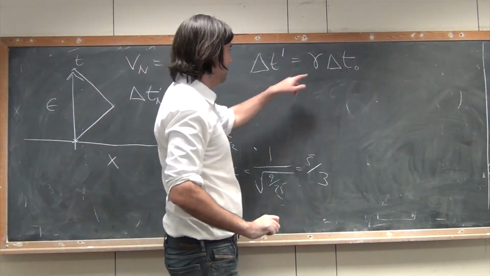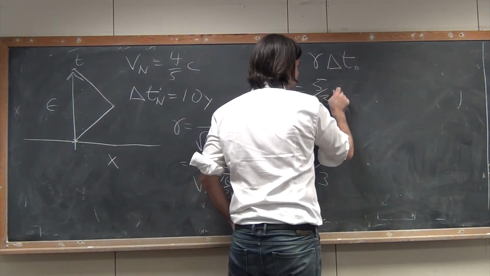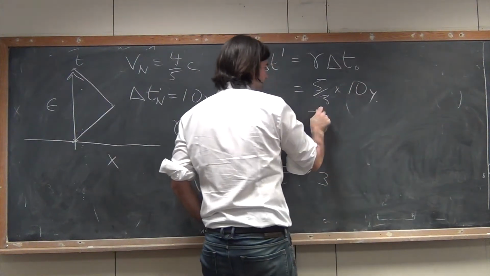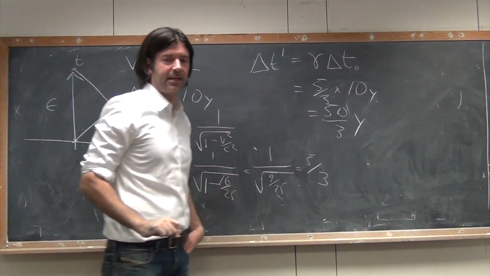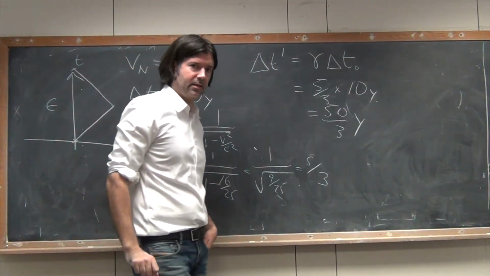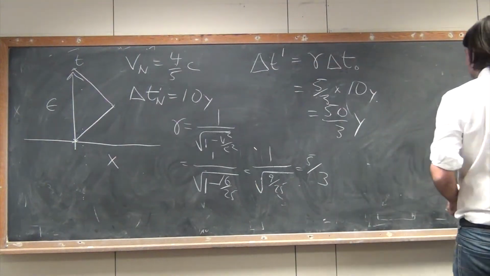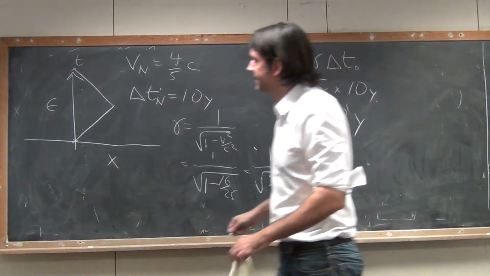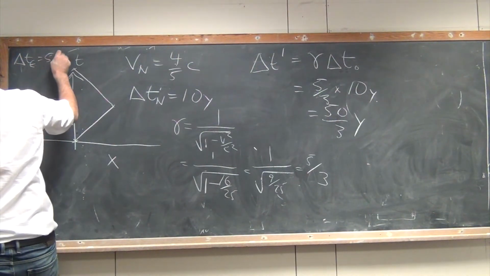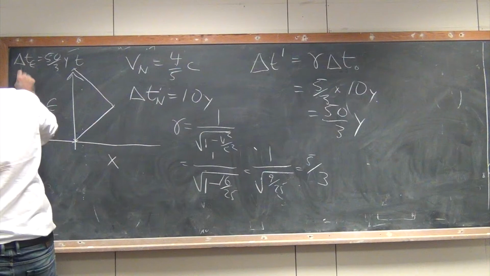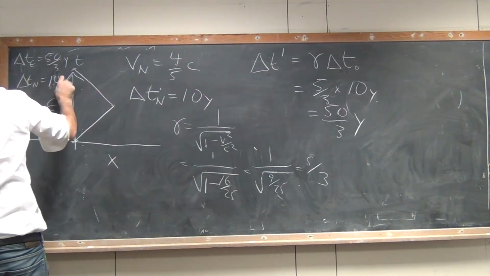So if Newton sees himself as taking 10 years, Einstein would perceive him as taking 50 divided by 3 years. So let's just keep a record of that: delta t from Einstein's perspective is 50 over 3 years. Delta t from Newton is equal to 10 years.